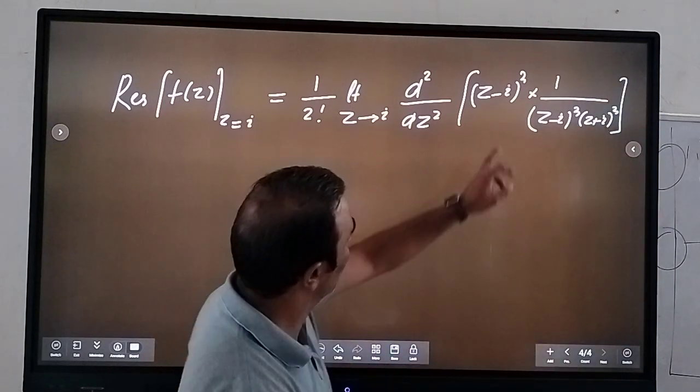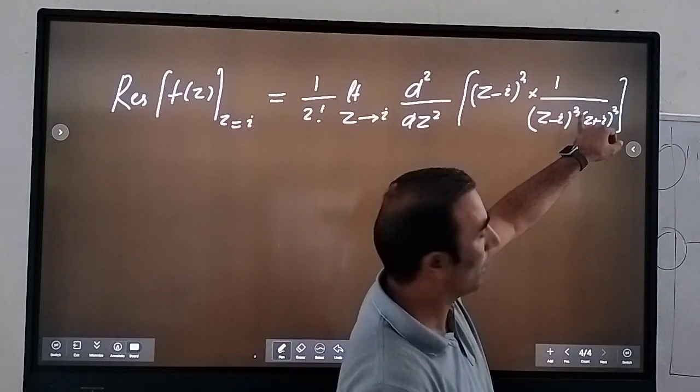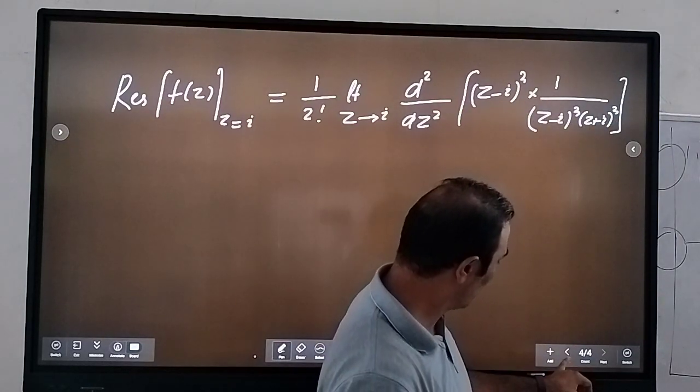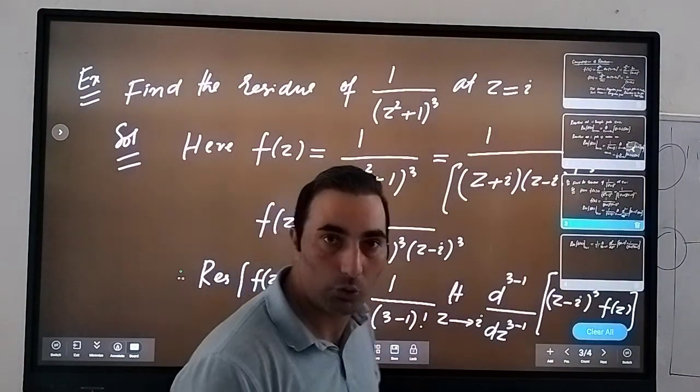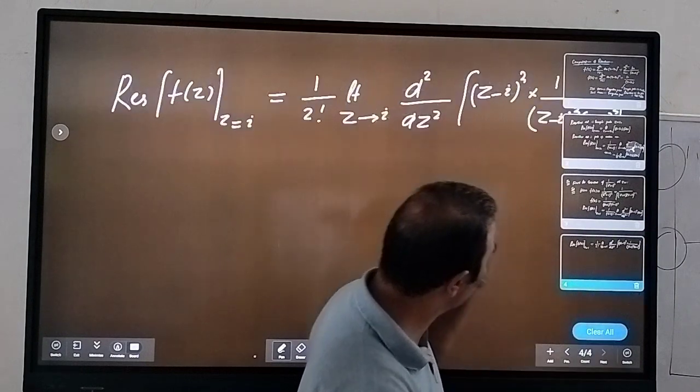right? तो because z minus iota raised power 3 and f of z, जो हमारा f of z है, तो अगर you just check, जो हमारा f of z है, that's 1 by z plus iota cube and z minus iota cube, right? So that means this is very clear now.